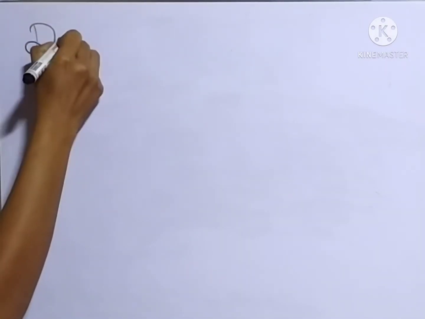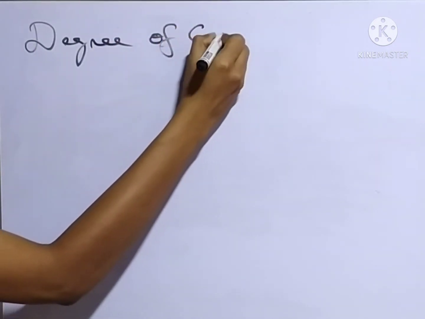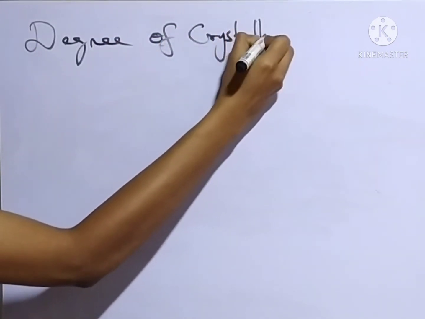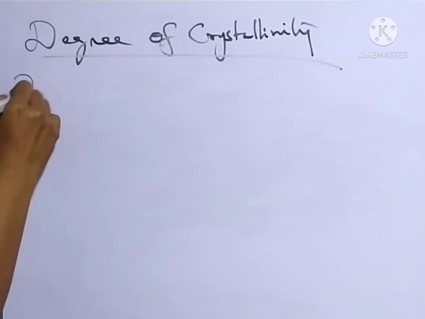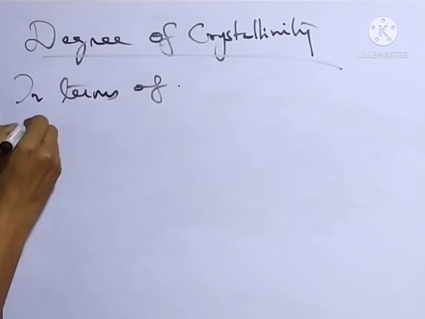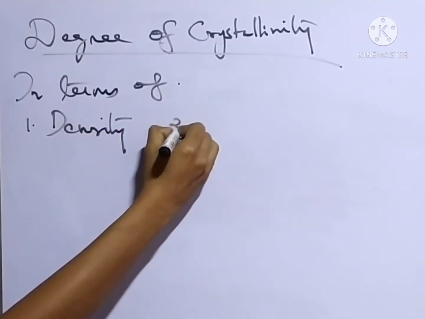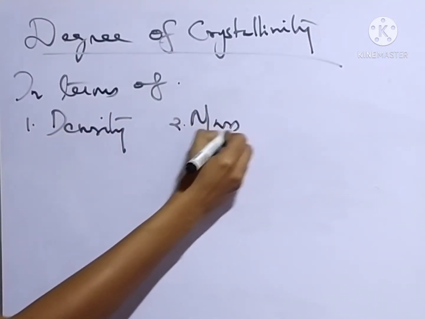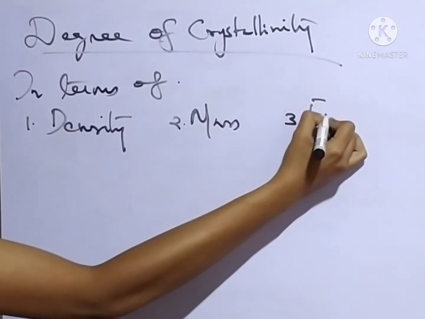And the degree of crystallinity of a polymer molecule can be expressed in terms of 1. density, then mass, then enthalpy.